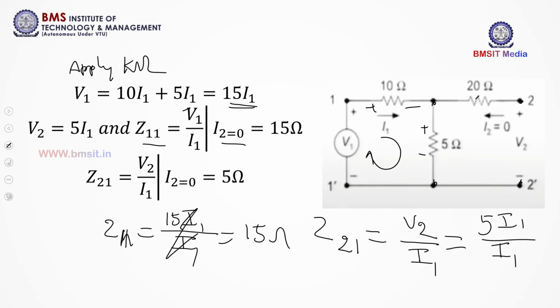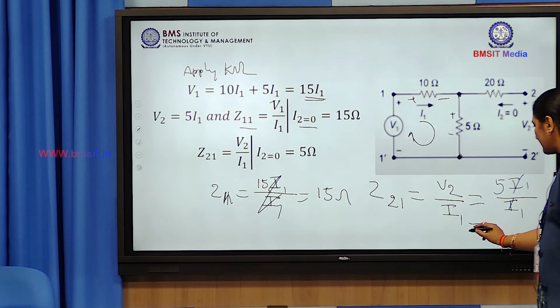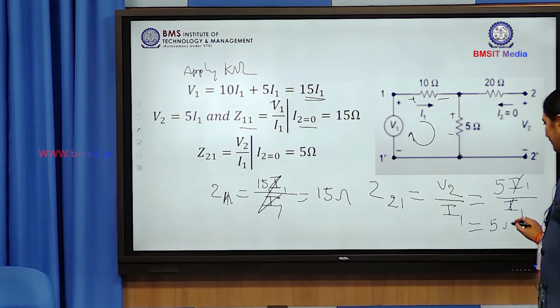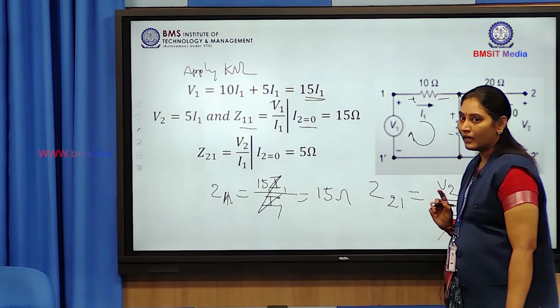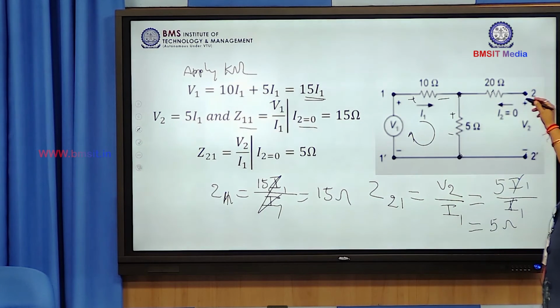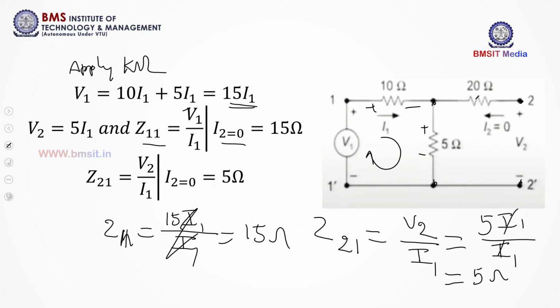So, I1 gets cancelled, and this will be 5 ohms. So, we have got 2 parameters out of 4, that is Z11 and Z21, by keeping the output port open circuit. Similarly, in order to evaluate the other 2 parameters, Z22 and Z12, we will open circuit the input port.